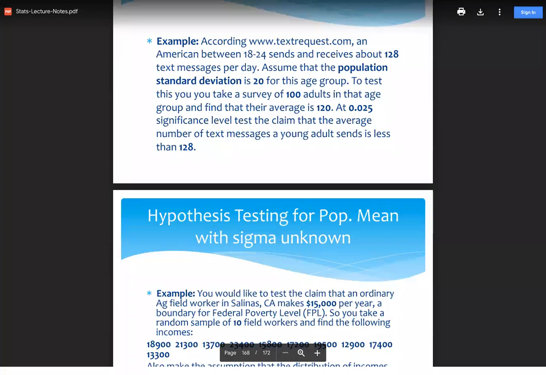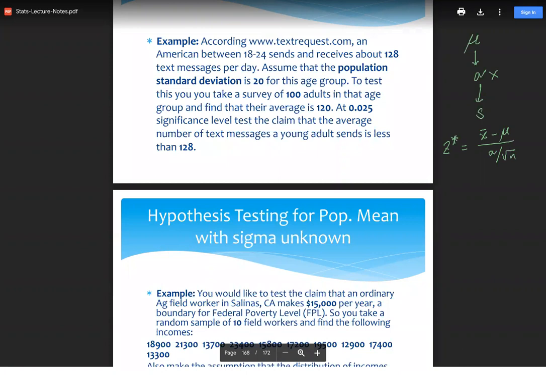Okay, great. Now we are going to do hypothesis testing for the mean, mu, again, but this time we don't know sigma. Sigma unknown, meaning we are going to have to use the sample standard deviation. The structure is exactly the same. Look at the difference between the two formulas. When you know sigma, it's x bar minus mu divided by sigma over square root of the sample size.